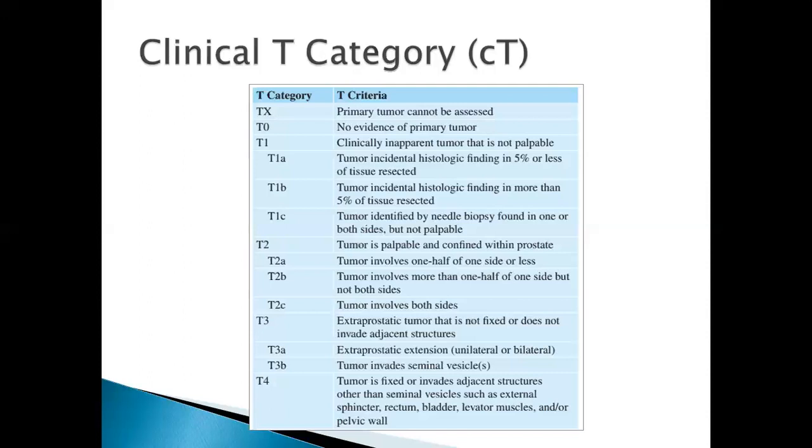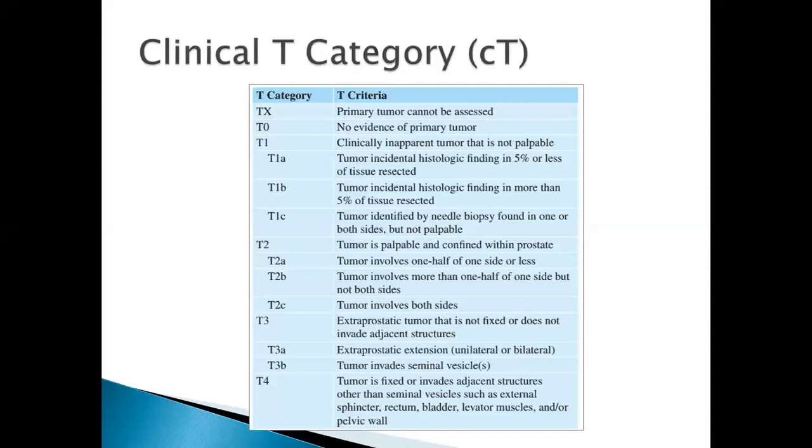So T1A is specifically tumor incidental histologic finding in 5% or less of tissue resected. What you should do in your book is open to that page, and behind T1A and T1B, so the T1A is finding in 5% or less of the tissue resected, and T1B is more than 5% of the tissue resected was cancer.